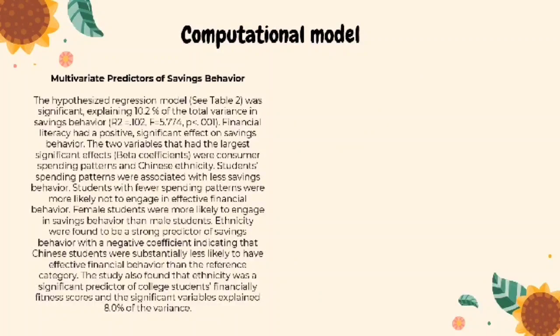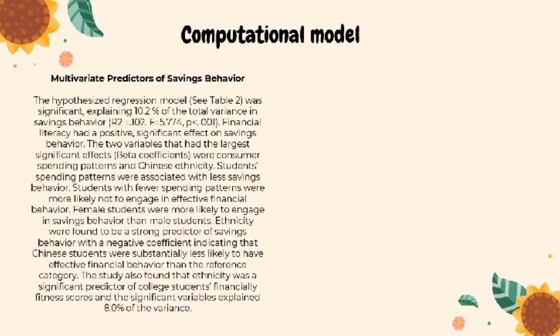The hypothesized regression model, see Table 2, was significant, explaining 10.2% of the total variance in savings behavior. Financial literacy had a positive, significant effect on savings behavior. The 2 variables that had the largest significant effects, beta coefficients, were consumer spending patterns and Chinese ethnicity.